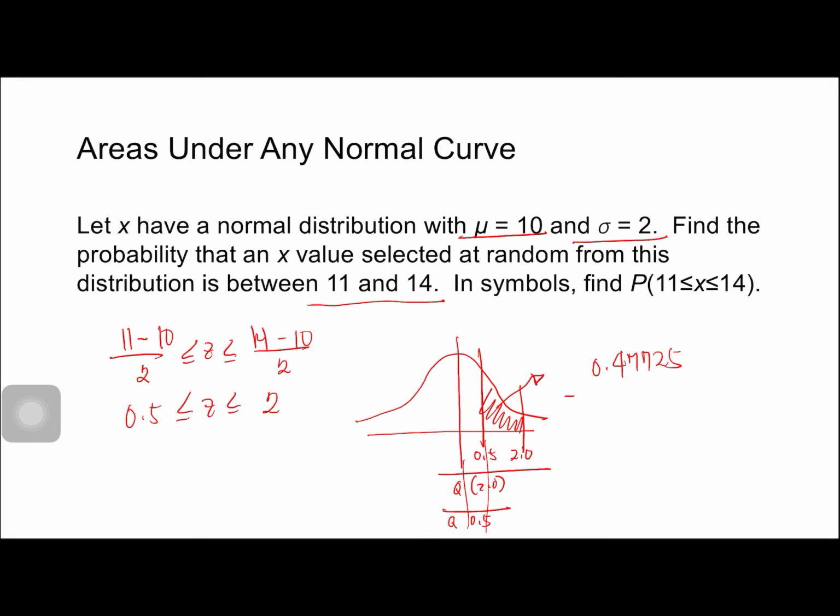We have 0.47725 minus Q of 0.5. That is 0.19146. Okay? Gives us 0.28579. Okay?